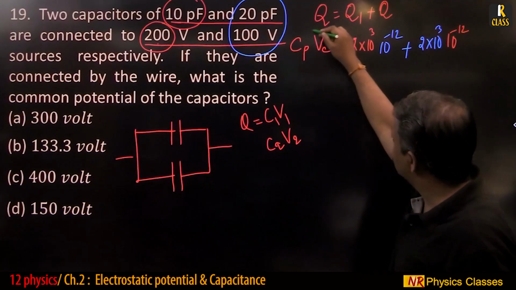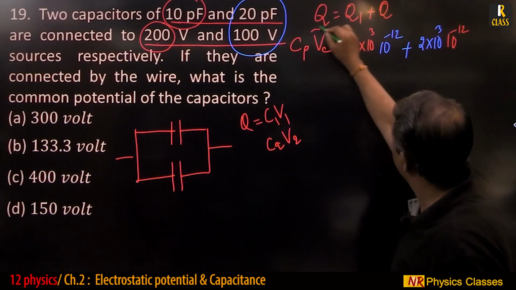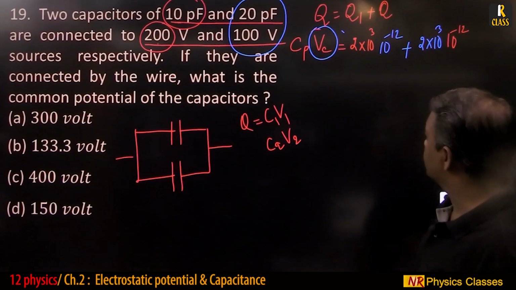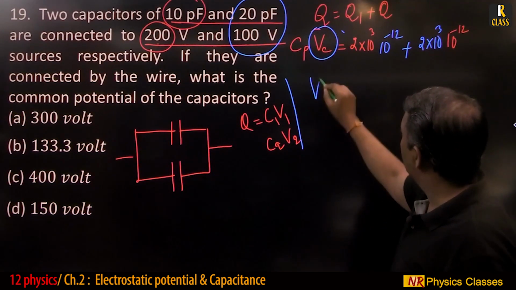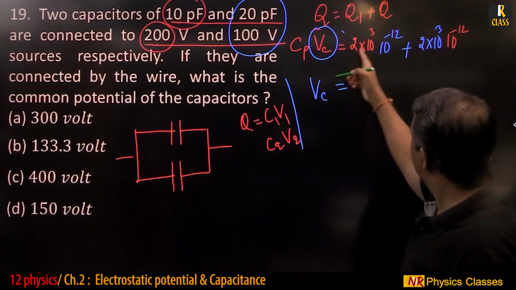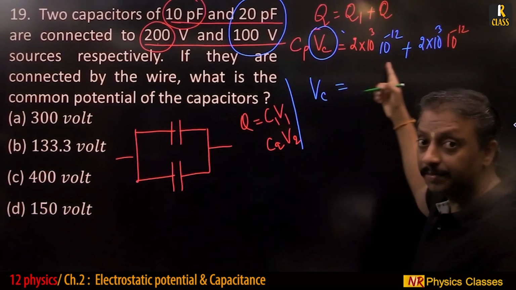So what we want is this common potential difference. Therefore, the common potential difference equals this divided by Cp.